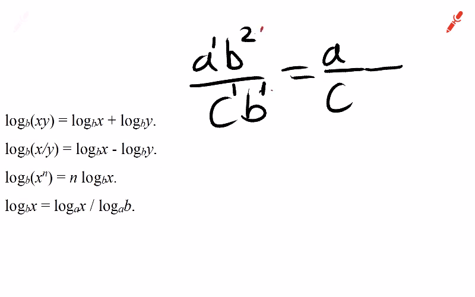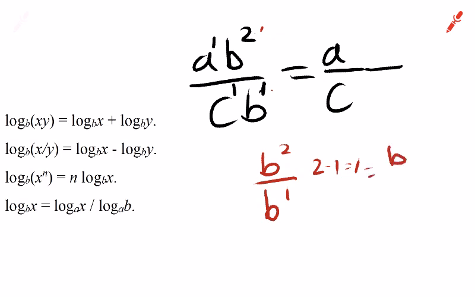The rule when you're dividing is you subtract exponents. So it's b to the second over b to the 1, and 2 minus 1 is 1, and since it's positive 1, it's b on the top.